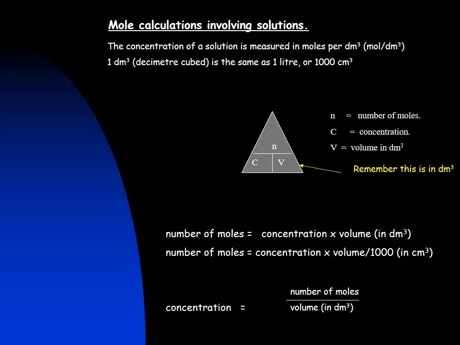Or you could say that number of moles equals concentration times volume, but you have to divide it by 1000 if the volume was given to you in centimeters cube. Again, to convert it into the decimeters cube, because that's the standard unit that you want to be using for your volume. And if we rearrange that equation to calculate the concentration, it's number of moles divided by volume. Again, I'm going to stress it one more time, in decimeters cube.